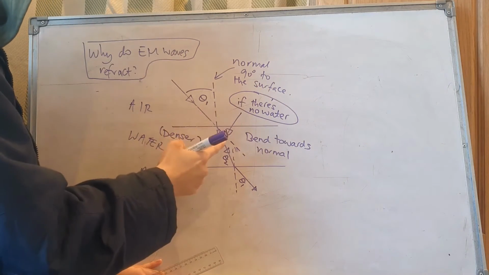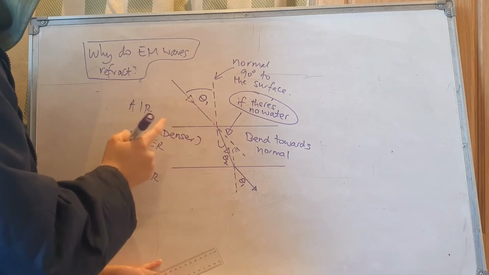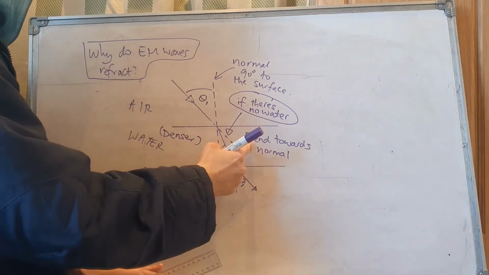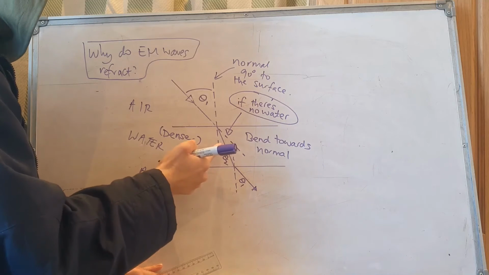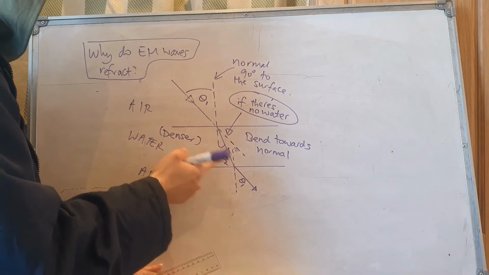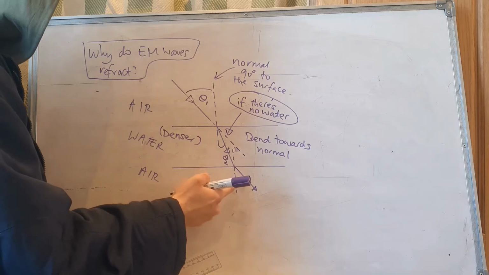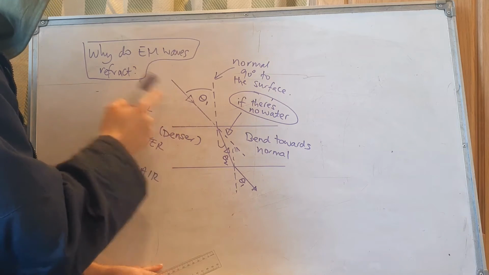If there's no water, that path would go in that direction. However, because it goes through water, it will bend towards the normal, so it would go in this direction. When it comes out of the water and goes back into air, it will travel in the same direction as before.